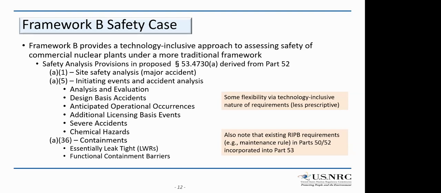Severe accidents, and then introduced in both frameworks A and B is the need to address chemical hazards that might accompany a radiological release. Then another item in framework B talks about containments, and for light water reactors, the expectation is they would continue to use an essentially leak-tight containment structure.